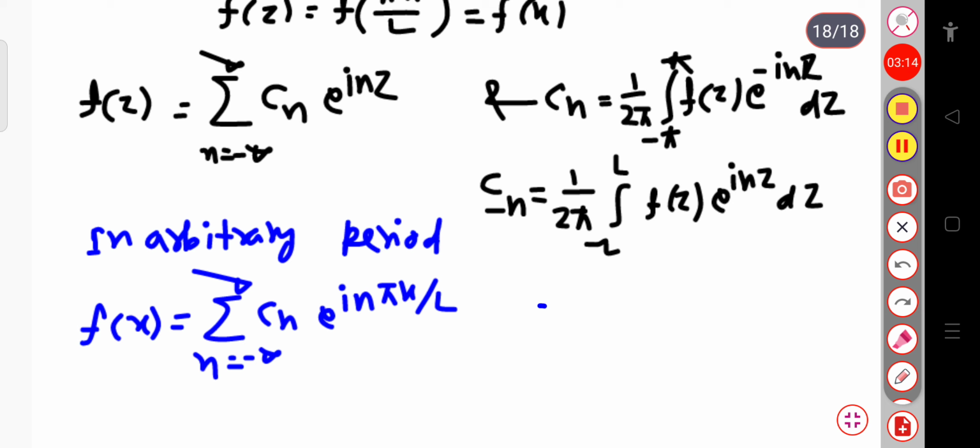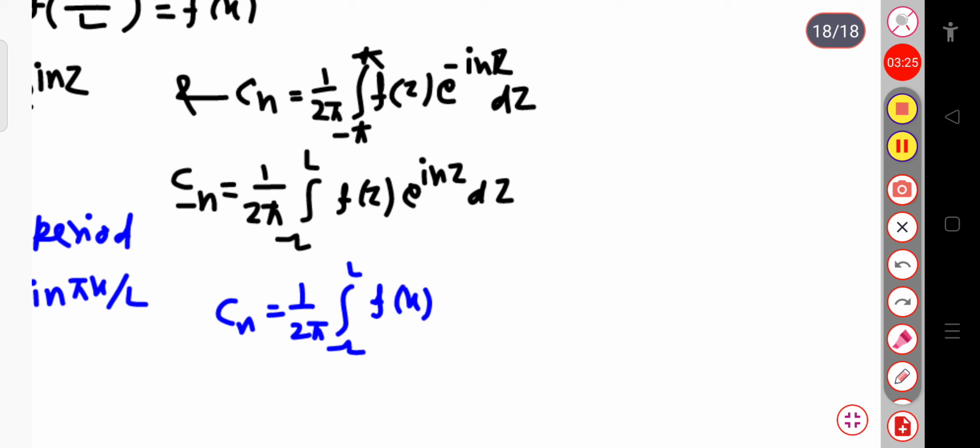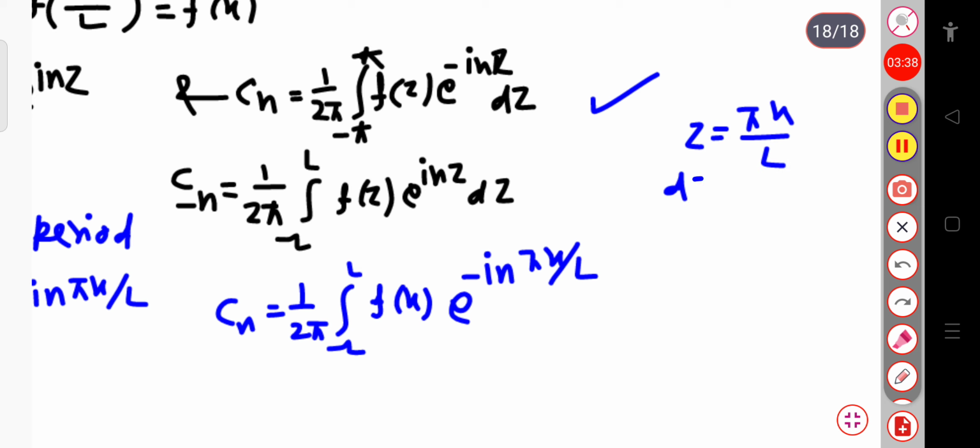Similarly, the Fourier coefficient Cn equals 1 by 2 pi times the integral from minus L to plus L of f of x exponential minus i n, where in place of z I write pi x divided by L. Since z equals pi x by L, we can write dz equal to pi by L dx.